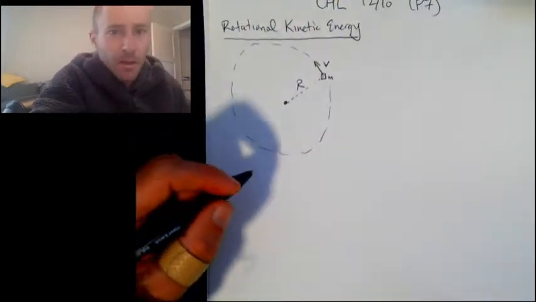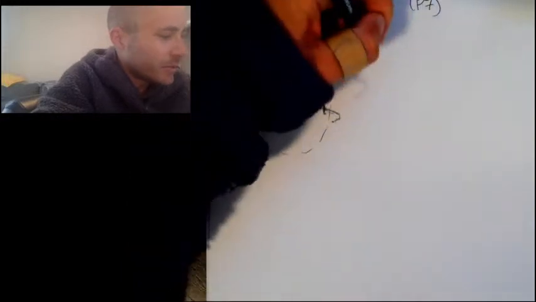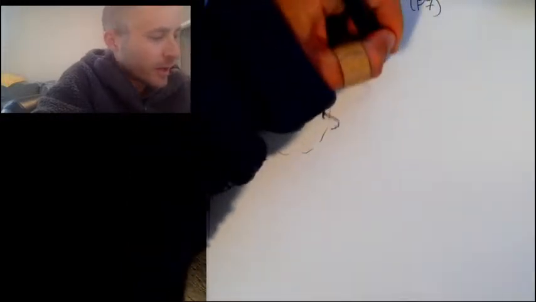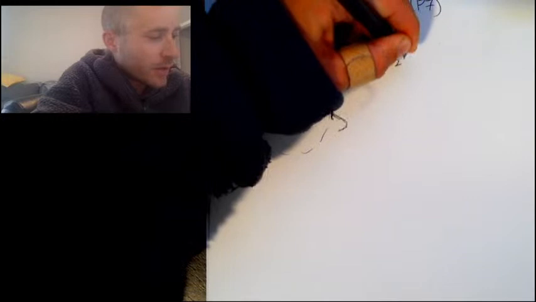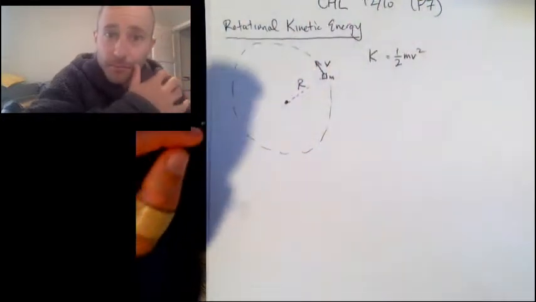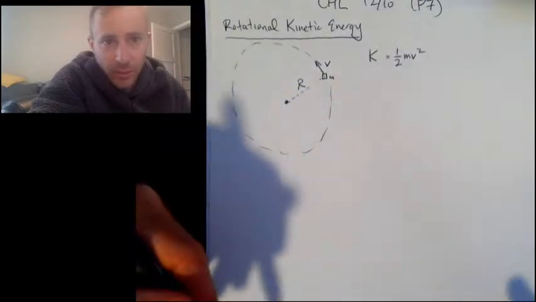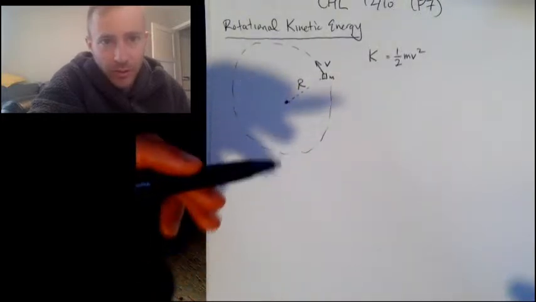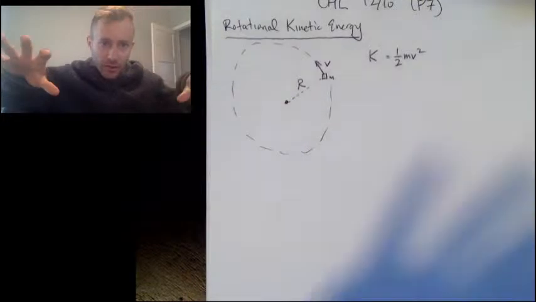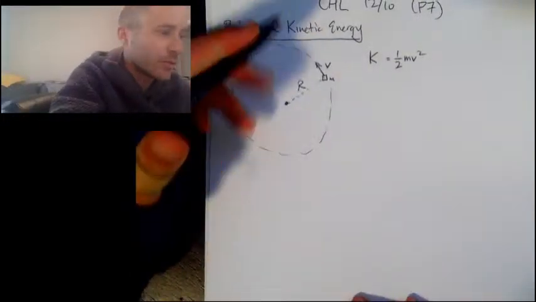So the kinetic energy associated with that is just going to be 1/2 mv squared. Like I said, it's not really any different from translational kinetic energy. It's just a useful separation of the kinetic energy into two terms.